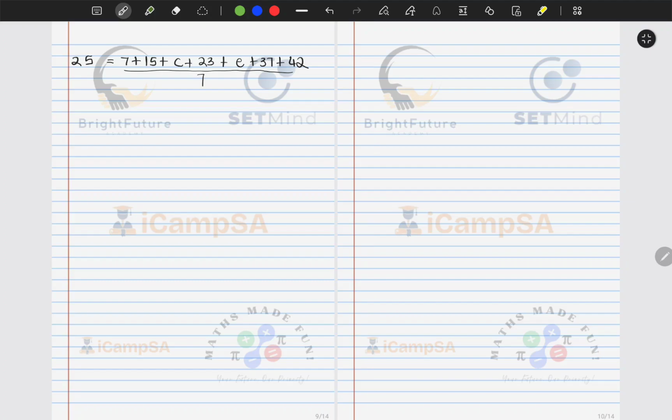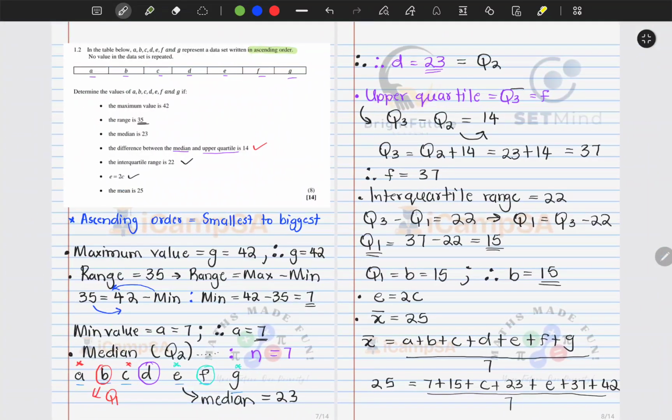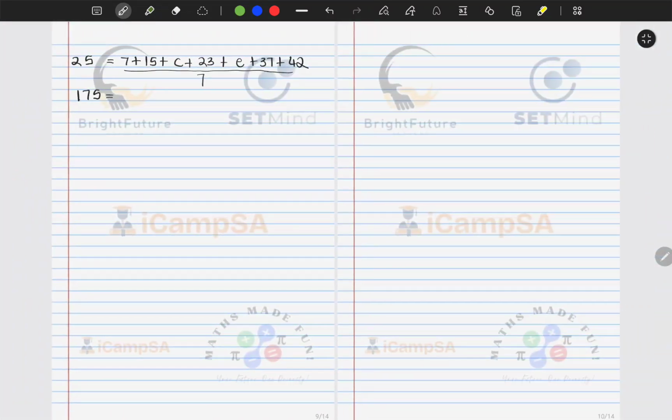So 7 times 25, and what we end up getting is 175. Okay, so we end up getting 175 equals. Remember that we said E is 2 times C. So this means I'm going to have C plus 2 times C because of E. Then I have a 7 that I need to add with the 15, the 23 with the 37, and with the 42. So that becomes 124.